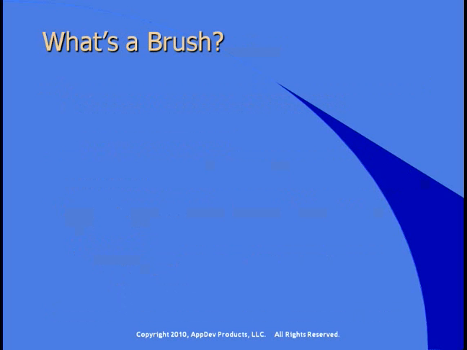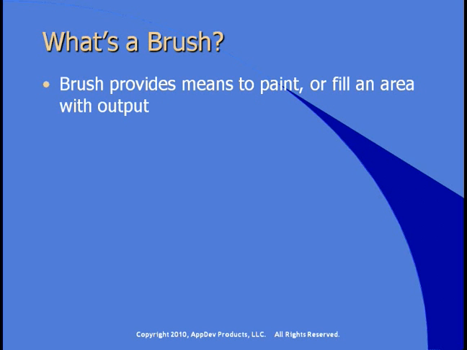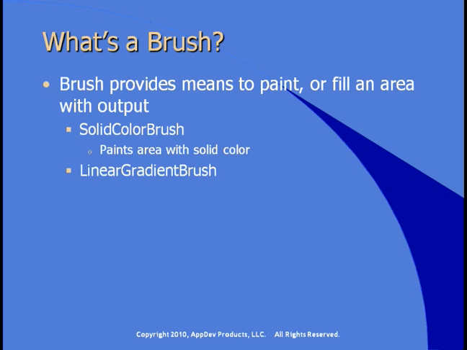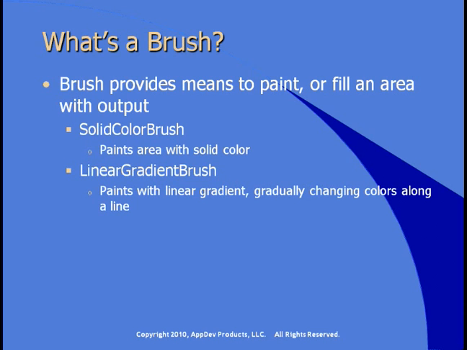Well, what is a brush? A brush provides a means to paint or fill an area with output. And there are several different kinds of brushes. There's a solid color brush, which paints an area with a solid color. There's a linear gradient brush, which paints with a linear gradient, gradually changing colors along a line.